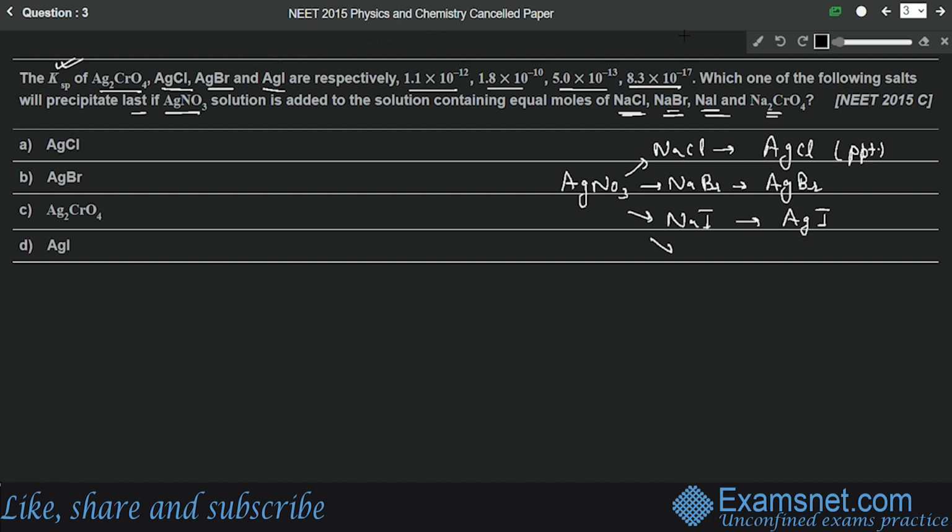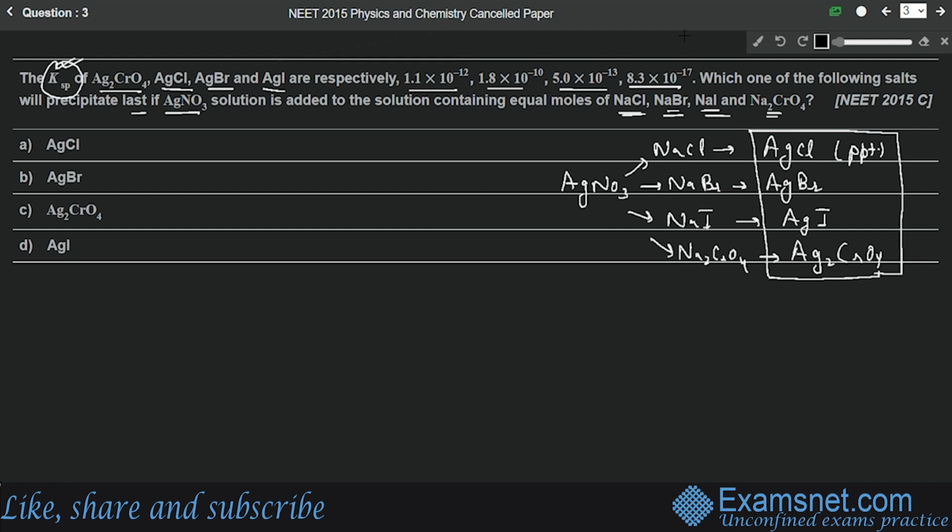And when it is added to sodium chromate, Na2CrO4, the precipitate will be silver chromate, that is Ag2CrO4. Now these precipitates that I have enclosed in this box are mentioned at the beginning of this question. The Ksp values of these precipitates are given.